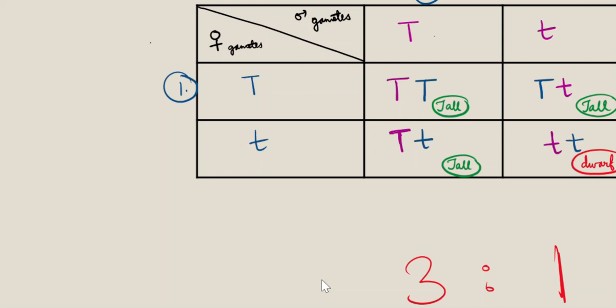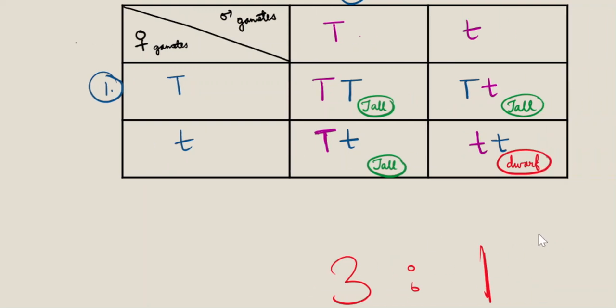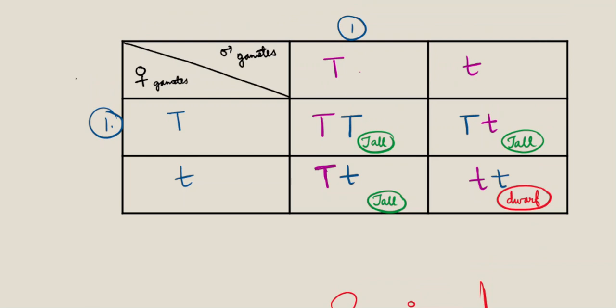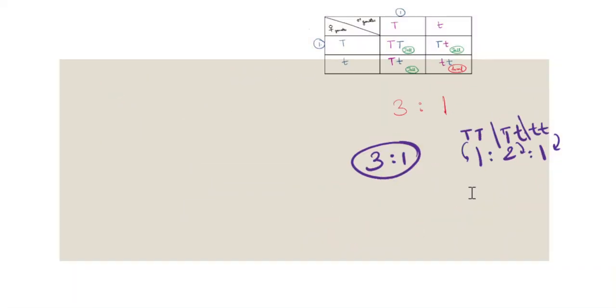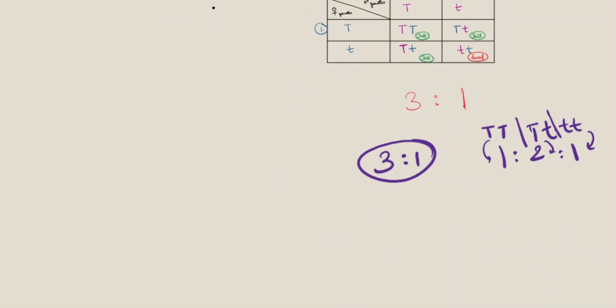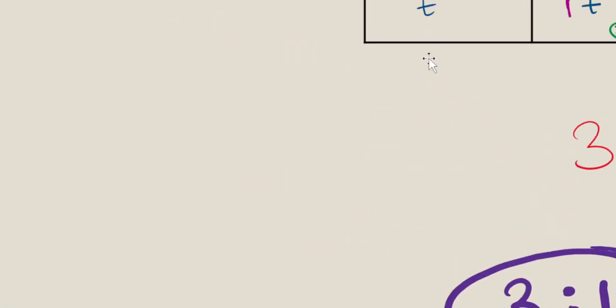So I hope this topic of Punnett square is understandable to you. I have drawn Punnett square for only monohybrid cross, since we have performed only monohybrid cross. I will zoom again.